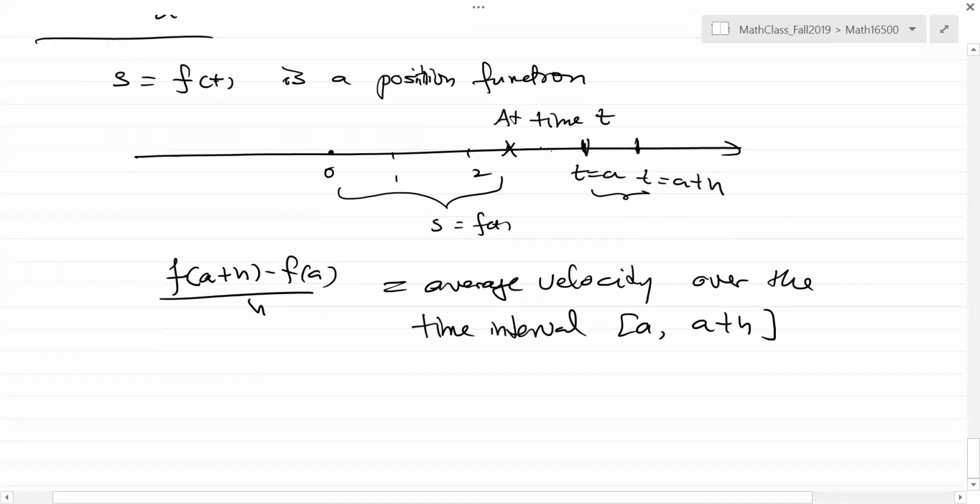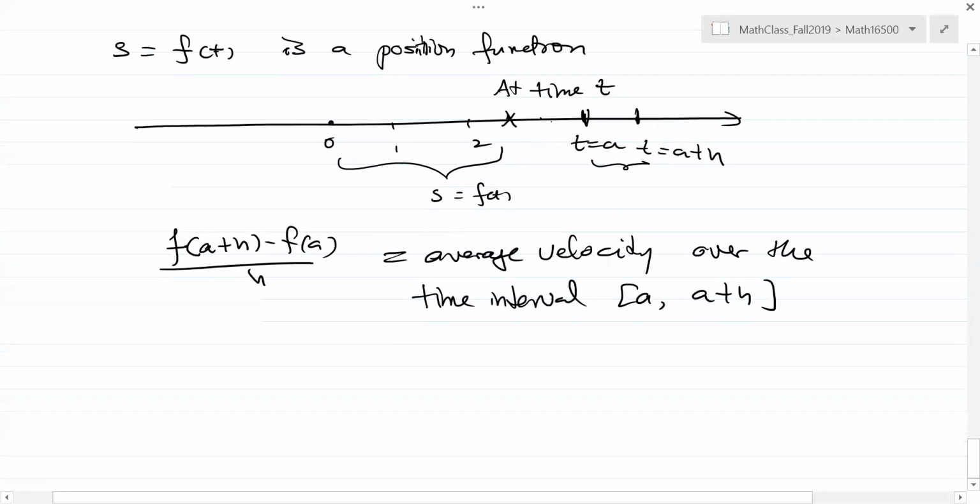So if you imagine you let h go to 0, that means the time interval is getting smaller and smaller and smaller. So the limit as h approaches 0, you get f prime of a. For f prime of a, I have a new notation denoted by v, and it's called the velocity.